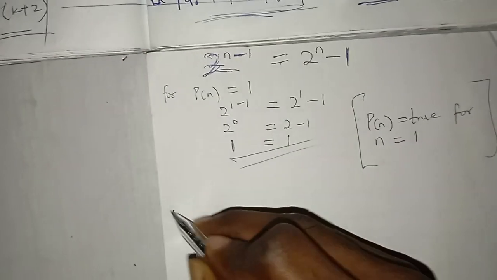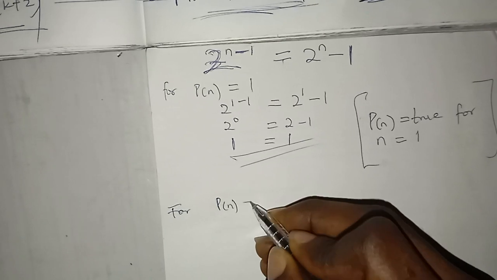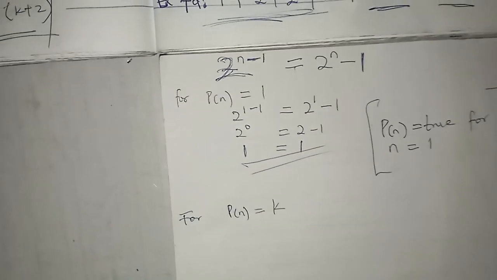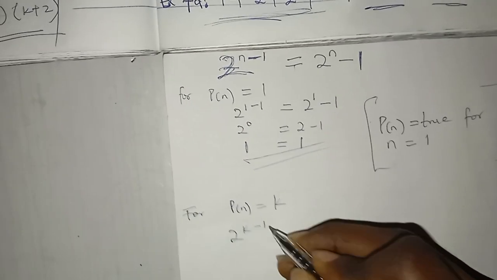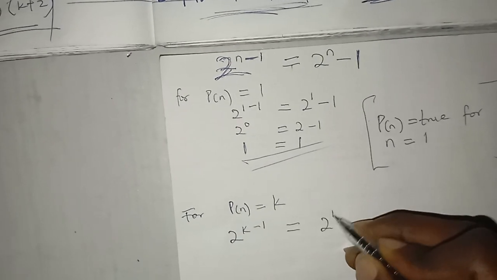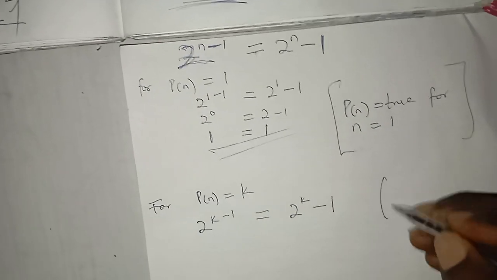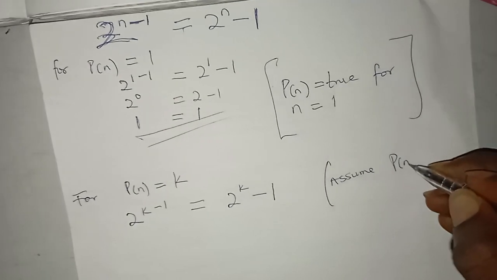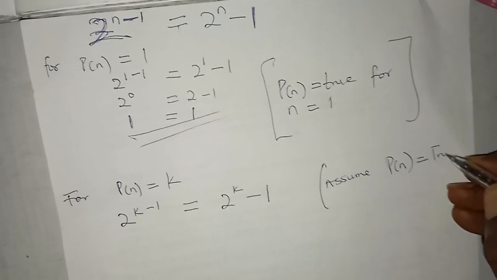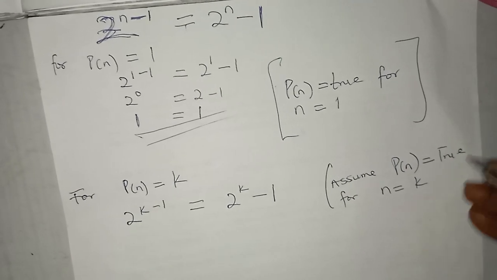Now, for p of n with n equals k, I will have 2 raised to power k minus 1 is equal to 2 raised to power k minus 1. So I assume p of n to be true for n equals k.